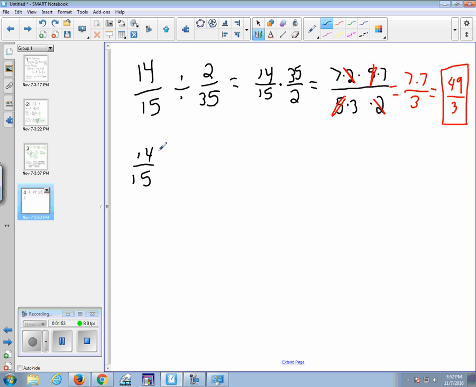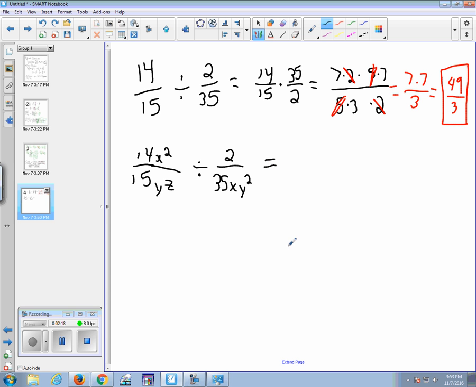Let's try tossing some variables in there. So instead of 14, let's do 14x squared. Instead of 15, let's do 15yz. Divided by 2 over 35x y squared.